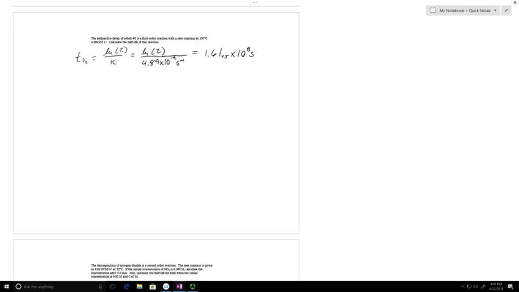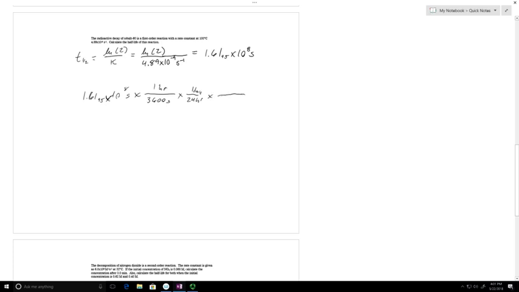If you were to multiply it by, we can do the conversion right here, 1.6195 times 10 to the 8th seconds, and we want to get rid of seconds. So for every 3,600 seconds, you have 1 hour. And for every 24 hours, you have a day.